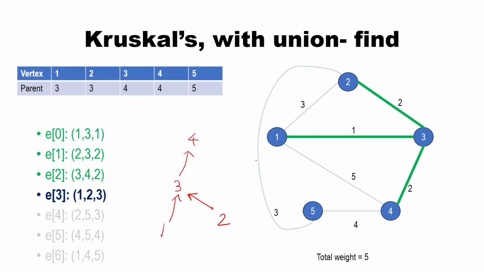So as it is, they are in the same connected component, so it will form a cycle. However, since the parent of 3 is 4, now when you are considering the nodes 1 and 2, you will actually check whether their parent also has some parent or their representative also has some representative, which is true in this case, which is 4.